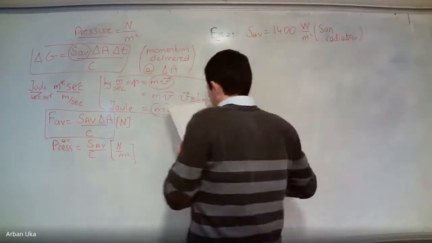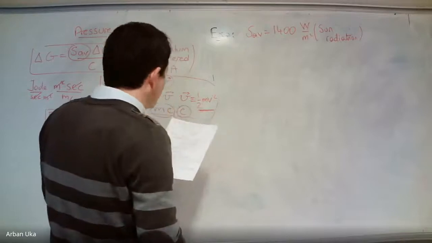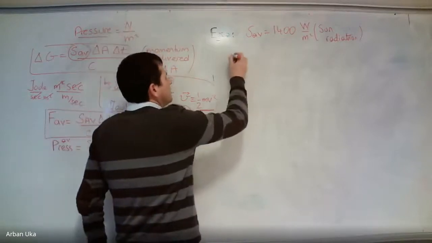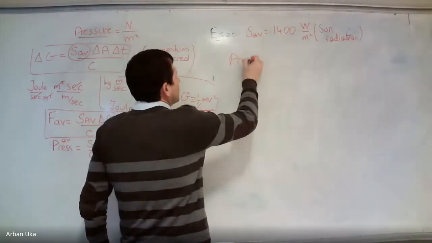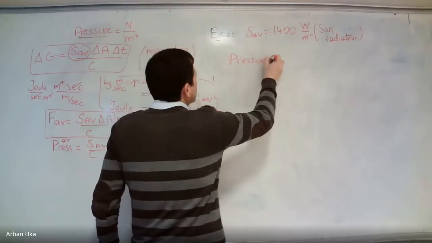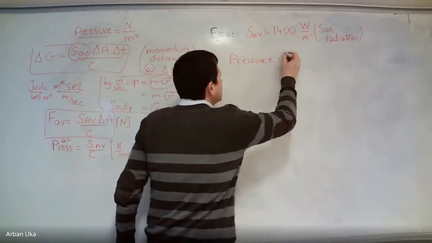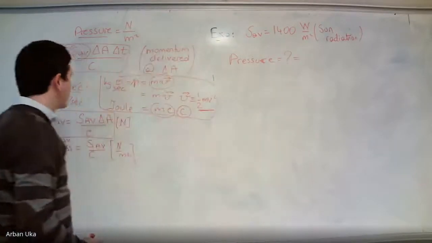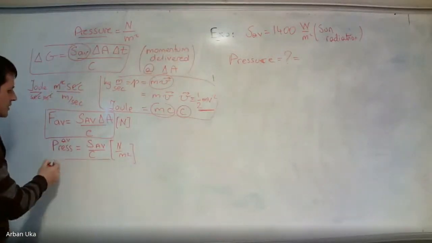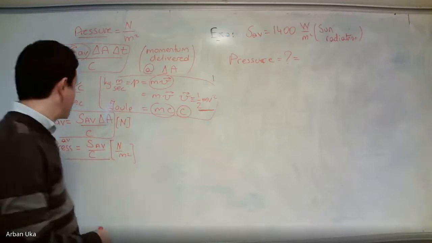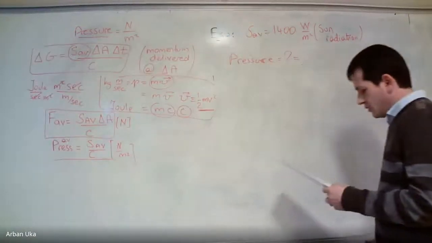We can find what the pressure by the sun is here on planet Earth. If we look at these expressions, the pressure is the time average power density divided by c. This is all we are going to have.